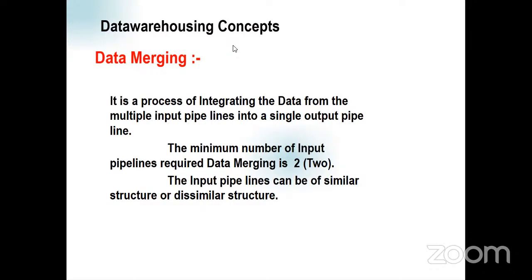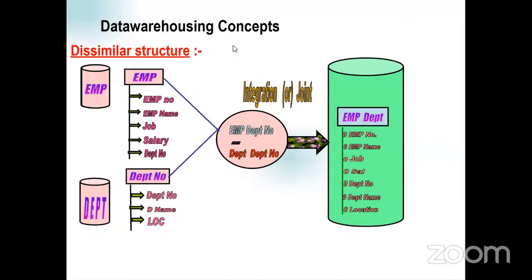Here merging can be classified into two types. One is dissimilar structure. What do you understand by dissimilar structure? It means the layout is not the same. I have taken the example of an employee table versus a department table.